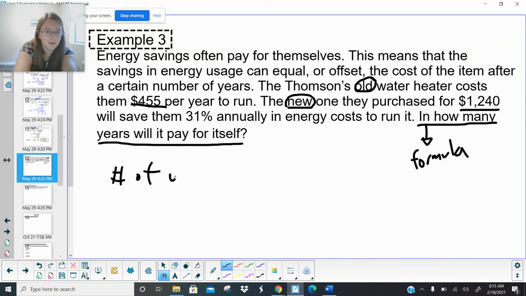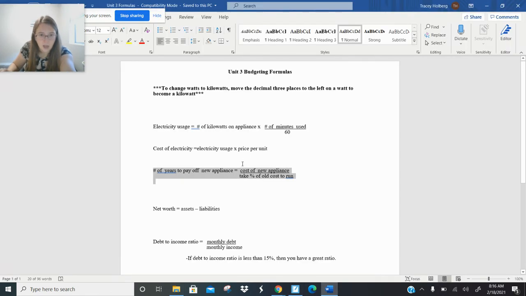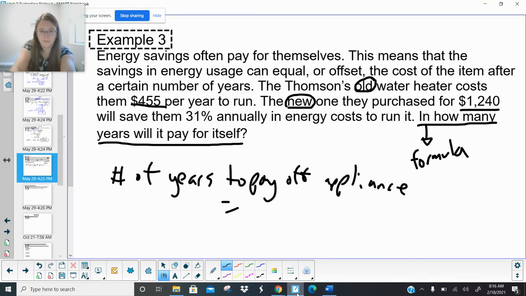Number of years to pay off appliance. It says cost of the new on top, cost of the new appliance. I'm going to put new appliance.